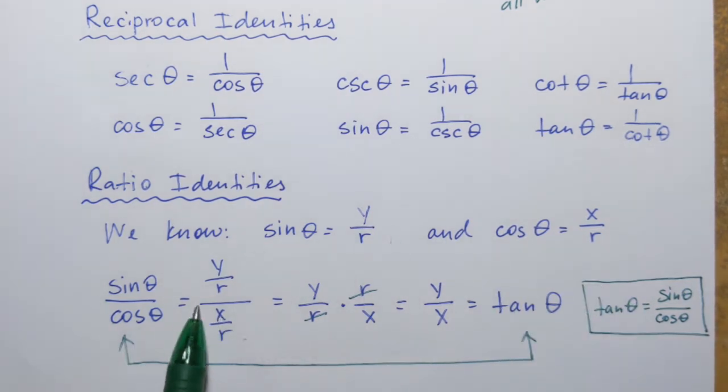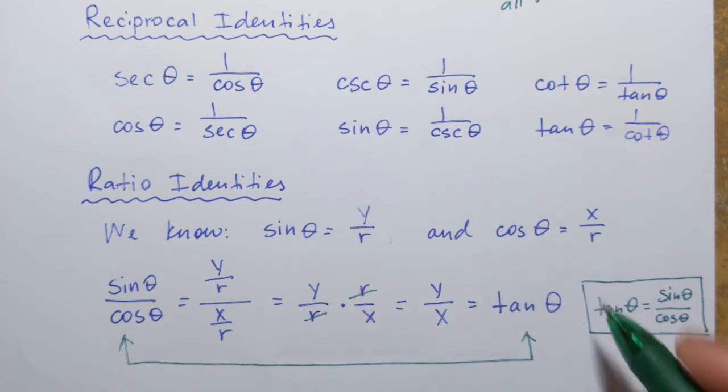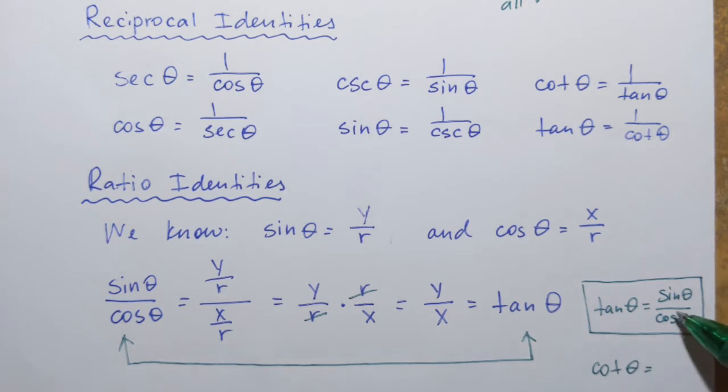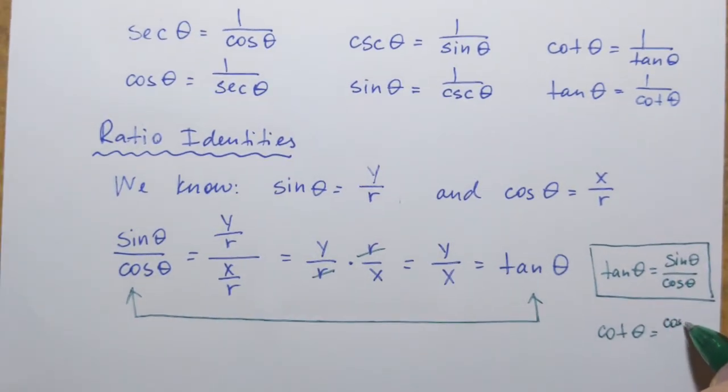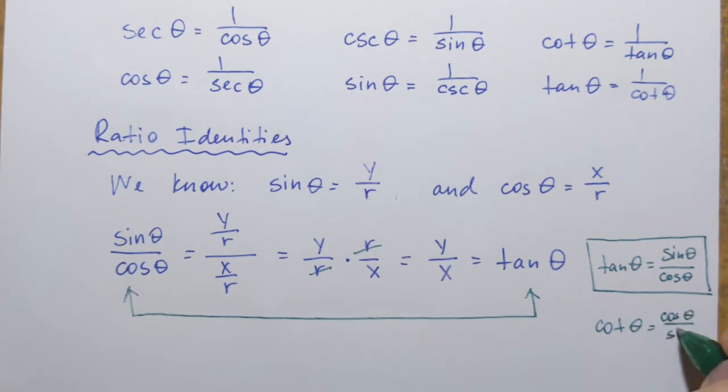We can either obtain it by taking this long way or simply taking the reciprocal of tangent and what it equals to. So the reciprocal of tangent is cotangent, and the reciprocal of this right hand side is cosine over sine. So that's the second ratio identity.